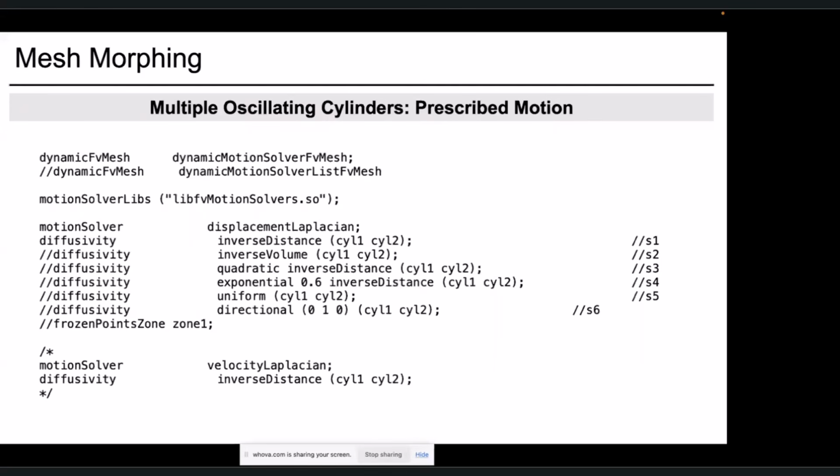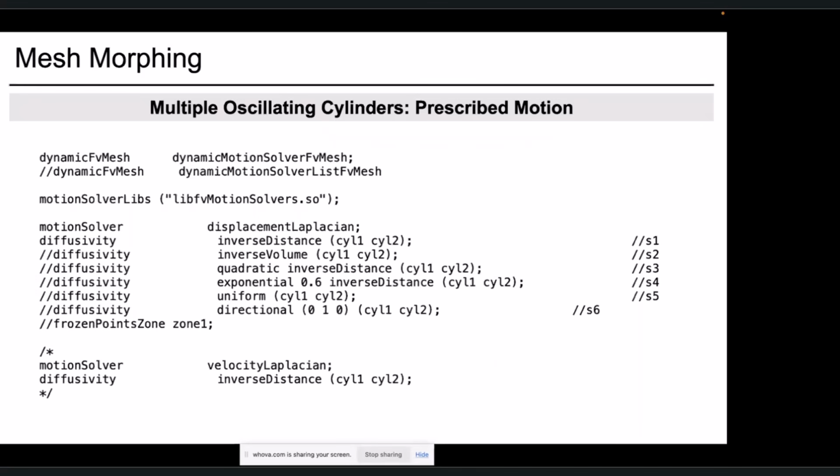All right. Now we can also simulate multiple oscillating cylinders. Okay, and that can be prescribed too. And for that, the library is the same, dynamicMotionSolverFvMesh. The motion solver is also the same.